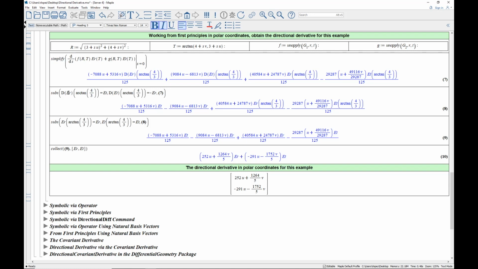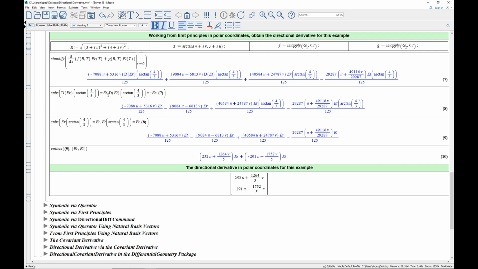If you look at the derivative of the basis vector ER, which is cosine, sine, you get minus sine, cosine, which is the basis vector in the t direction. And you take the derivative of the basis vector in the theta direction, it's the negative of ER.